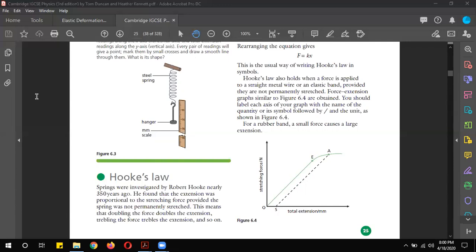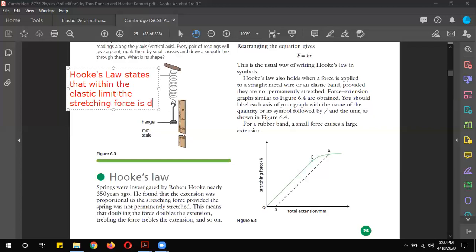Let's write the definition here. Hooke's law states that within the elastic limit, the stretching force is directly proportional to the change in length or extension.